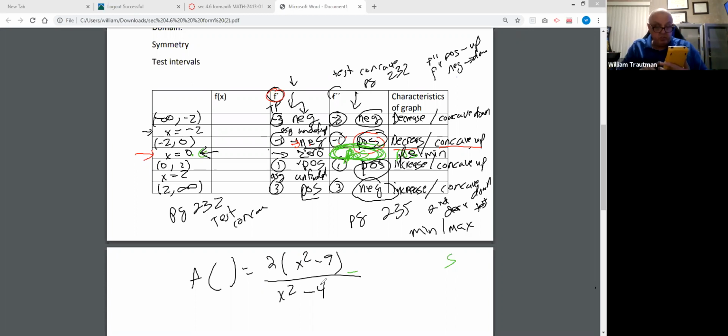I've got to put those in parentheses. Then hit graph, and make sure my window is correct. I'm putting my window at negative 10 to 10 and negative 10 to 10.